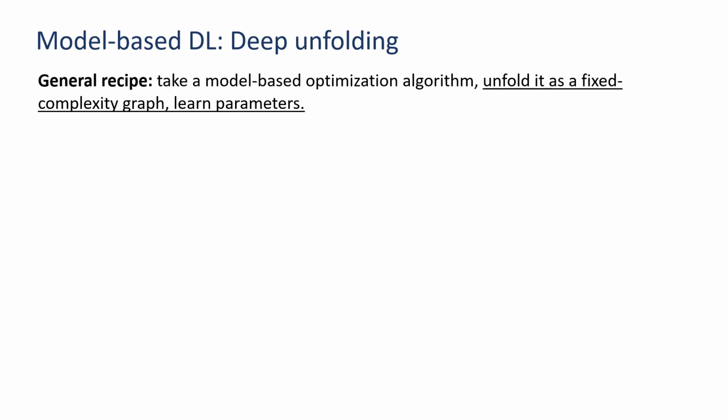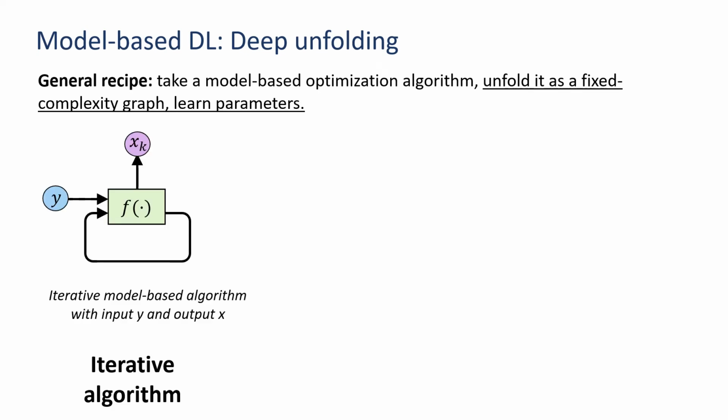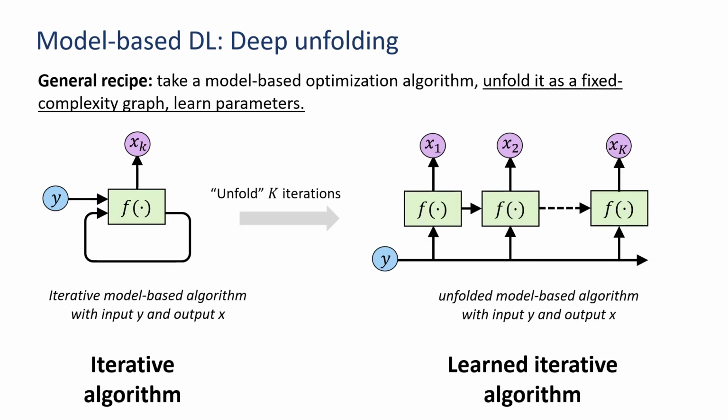You can see it in the following way, where we have this iterative model-based algorithm with input y and output x. It's an iterative algorithm, and we unroll that and unfold K such iterations, where we now can learn the parameters of each of these blocks, and that is called deep algorithm unfolding. This gives you naturally a deep neural network that is derived from that iterative optimization algorithm.